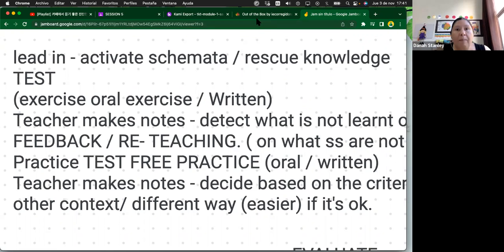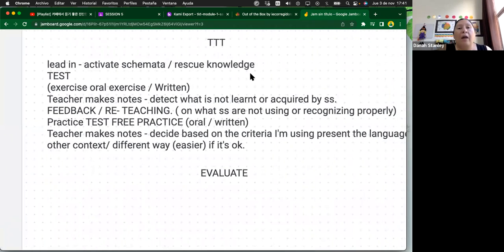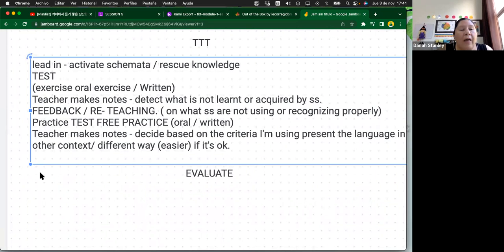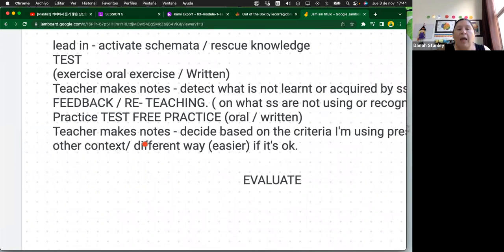Based on the mistakes or errors they are committing, I'm going to provide the feedback and I'm going to reteach. What does that mean? I'm going to make a remedial work. Okay, guys, remember that when we are talking about this and that, we use this and that, and we write it like this.